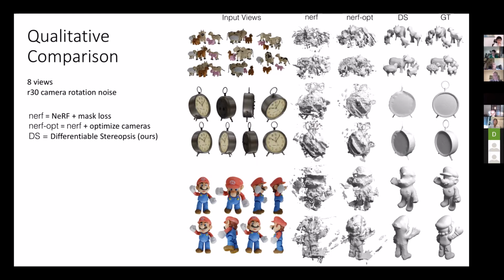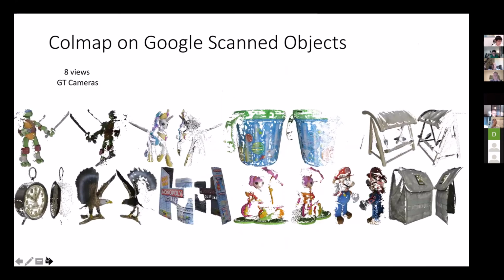NeRF really likes multiple views, whereas our approach still holds up. That's the basic claim: in the regime of what used to be called wide baseline stereo, where I have maybe just 4 views or 6 views, and you might even have noisy cameras, our approach keeps on holding up.